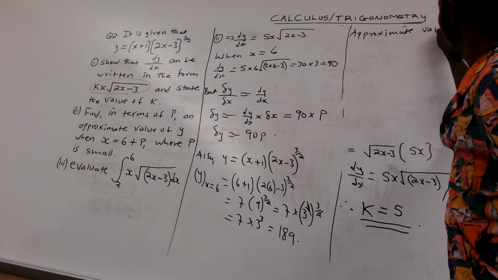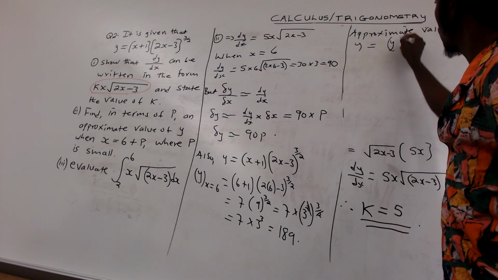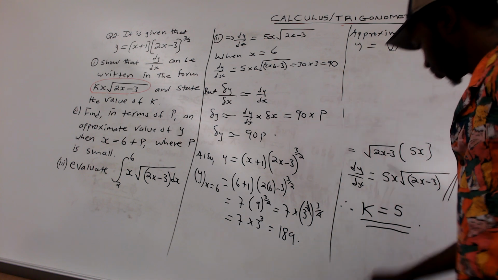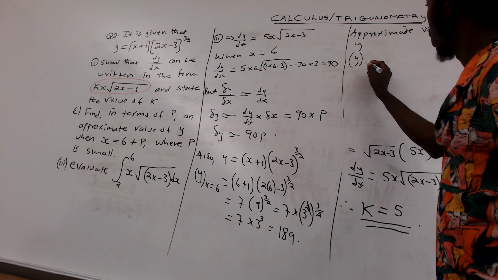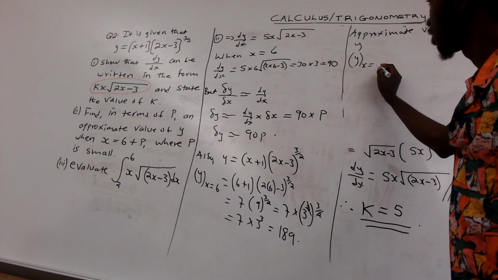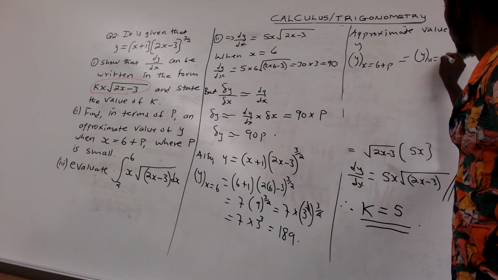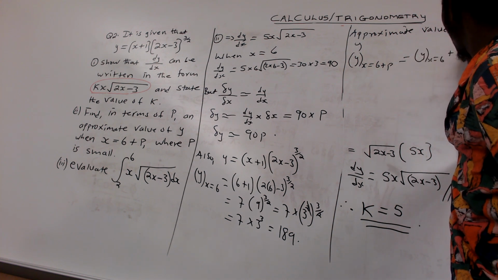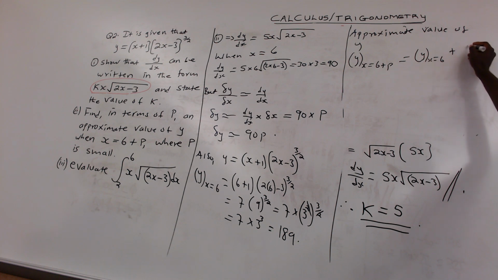The approximate value of y in terms of x equals 6 plus p is going to be the approximate value of y for x equals 6, plus the approximate value for the change in y. We can just say y plus the change in y.